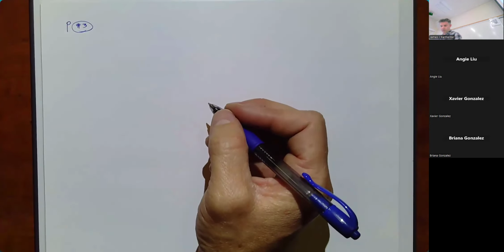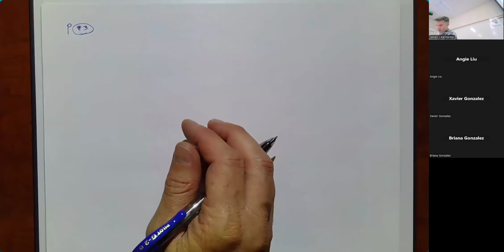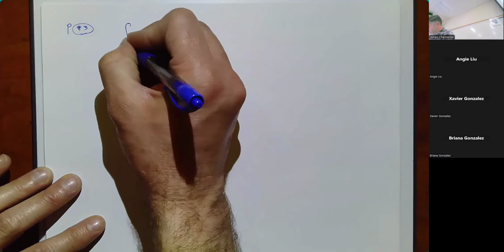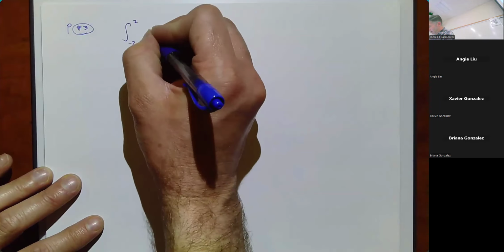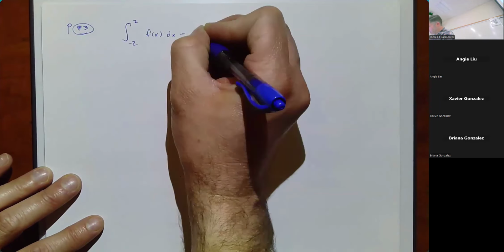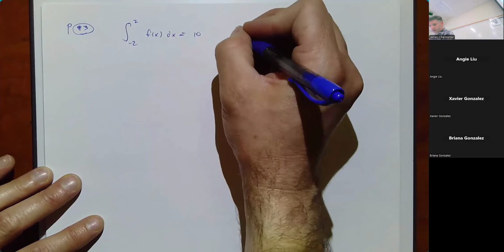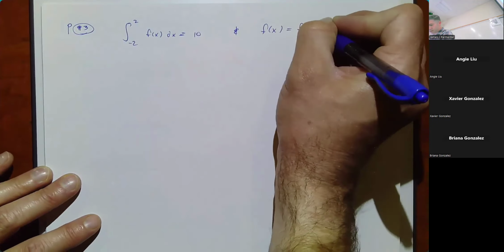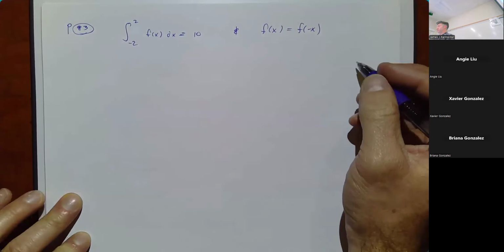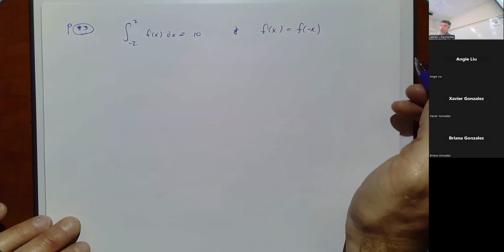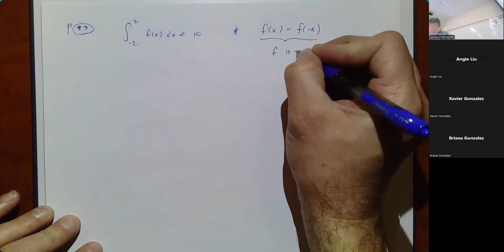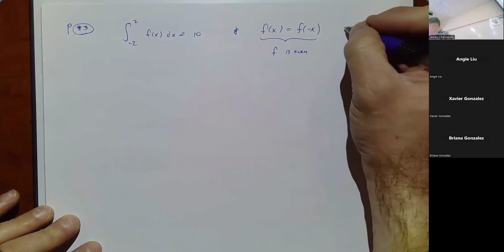So here's what we're given for this part. I guess I'm going to write it down. So we're told to suppose that the integral from -2 to 2 of f of x is equal to 10. We're also told that f of x is equal to f of negative x, which we should recognize as just the fact that f is an even function, right? That's what that means. f is even at least on the interval from -2 to 2.